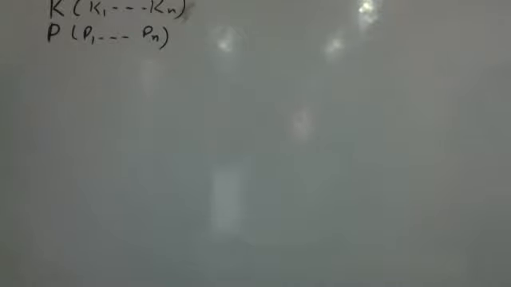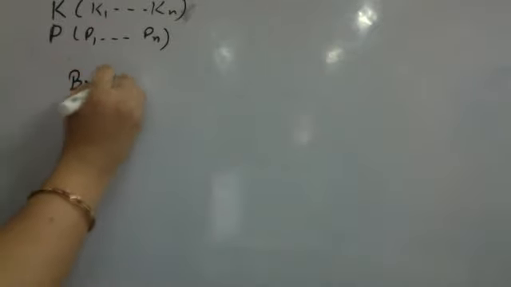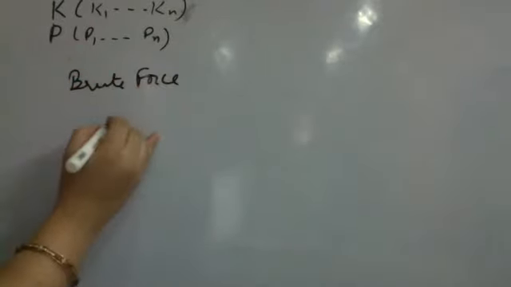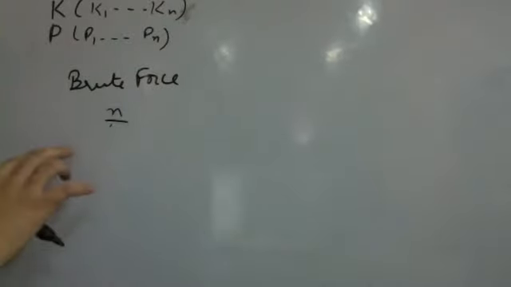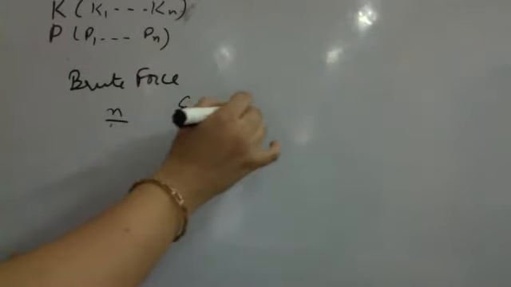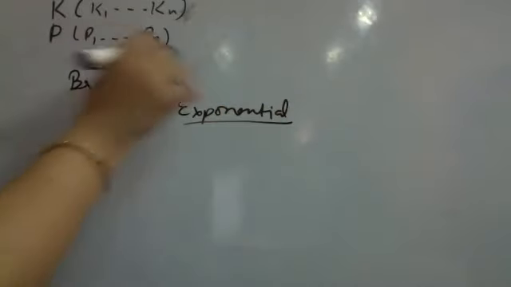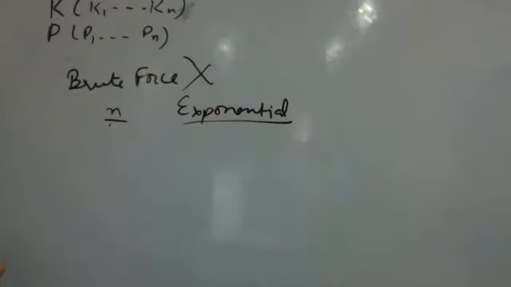So how many possibilities will there be? Exponential. With brute force, for n keys, n roots, and then n minus 1 for each, we have to try all combinations. It is not even n factorial. It is n raised to the power n possible trees, which is hugely exponential. So I do not want an exponential algorithm here. Brute force is not coming into the picture. I cannot check all the possibilities.